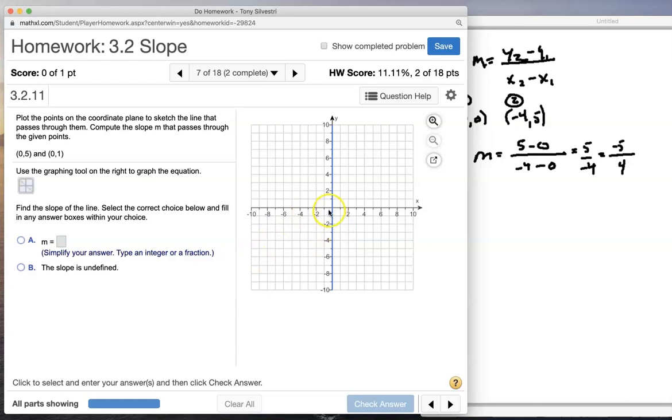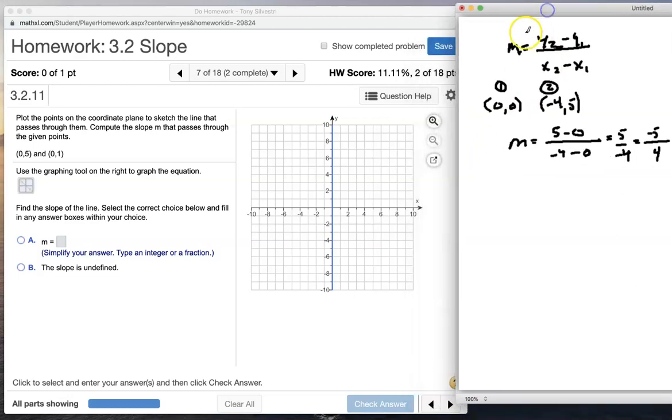Okay, this is interesting. This is a special case where this is a vertical line, and if you attempted to find the slope of a vertical line, this is what you're going to end up getting. I'm going to keep this formula up here. Take these 2 points: 0, 5 and 0, 1. Okay, M equals.